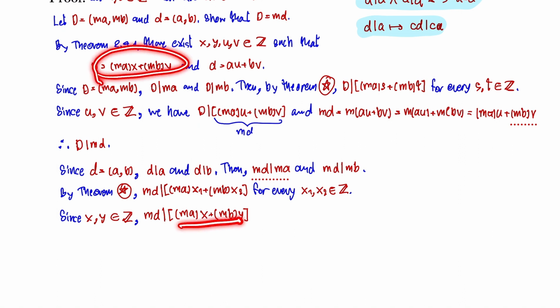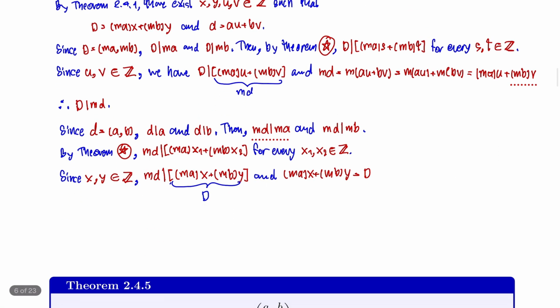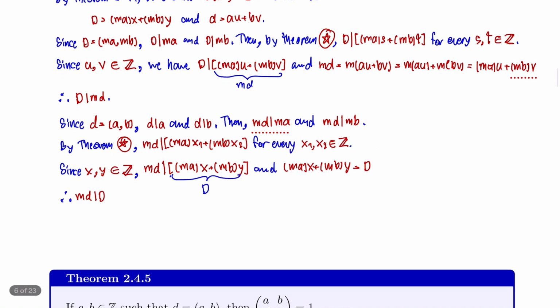It's just d. As we can see, max plus mby is just d. That means that md divides big D. So we have shown that md divides big D.